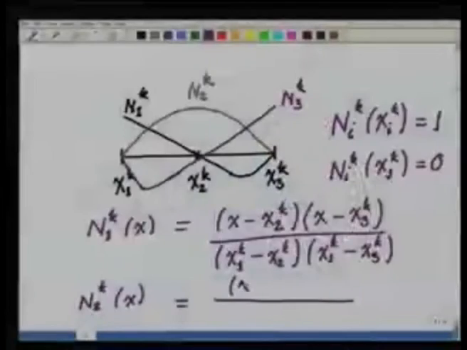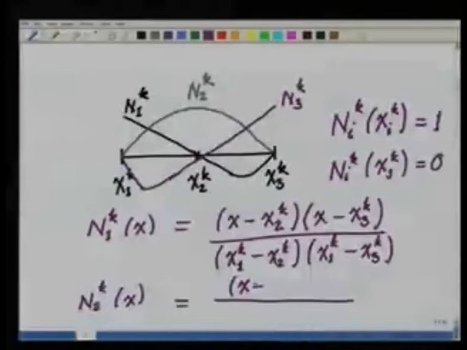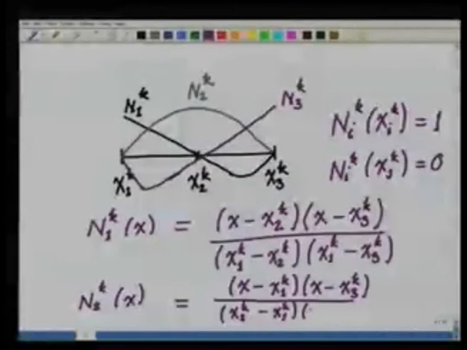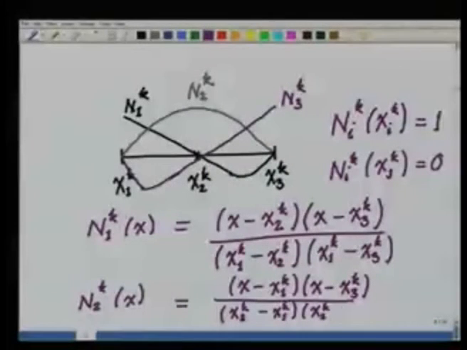It should vanish at the points 1 and 3, so it will be x minus x1k, x minus x3k, and it should have a value 1 at the point x2k, so it will be divided by x2k minus x1k, x2k minus x3k.